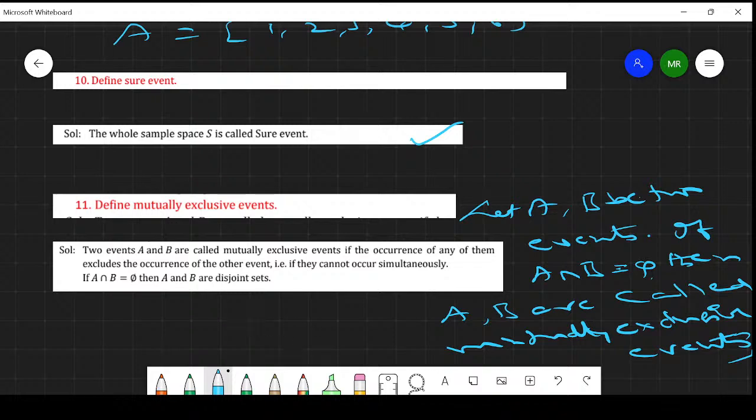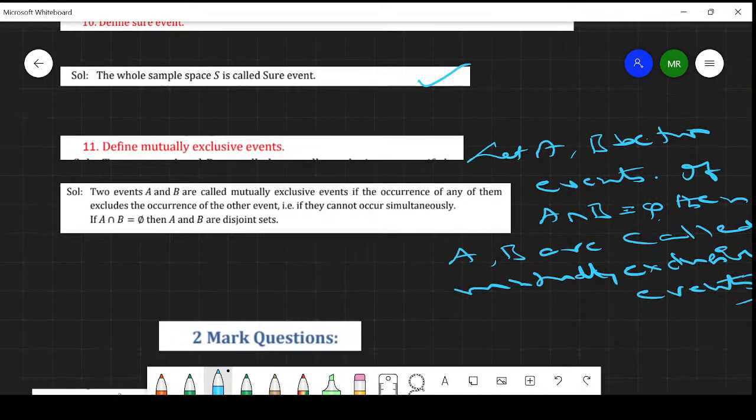So what are mutually exhaustive events? When they are talking about mutually exhaustive events, suppose A, B are two events.